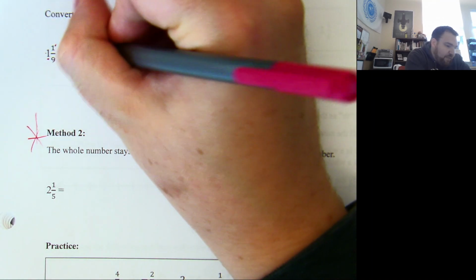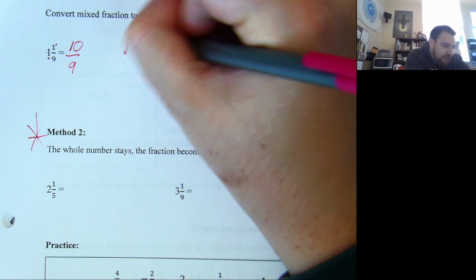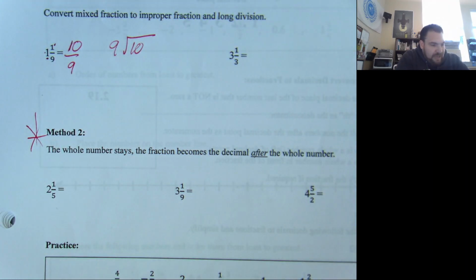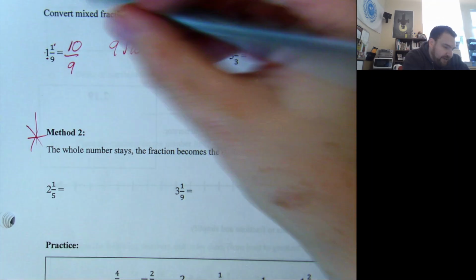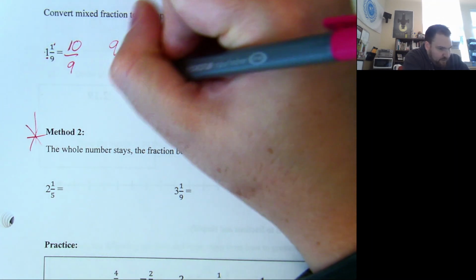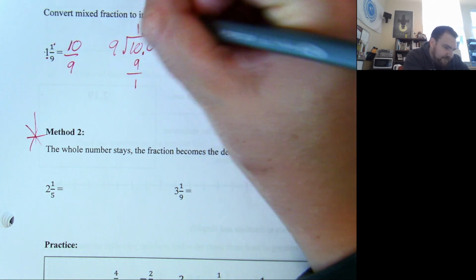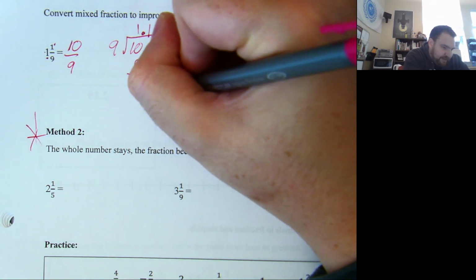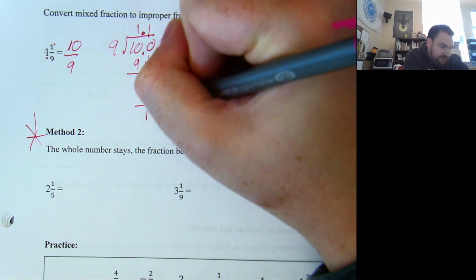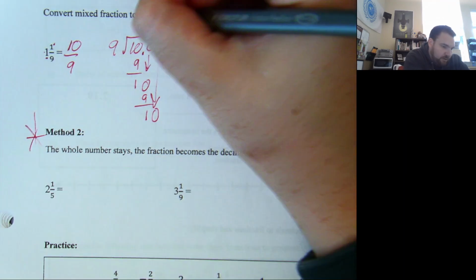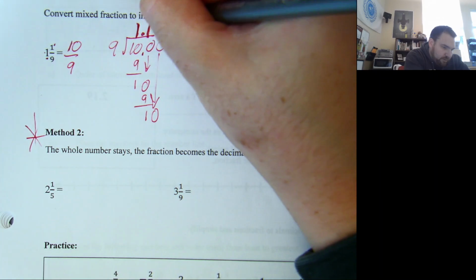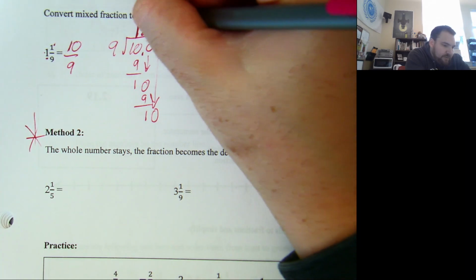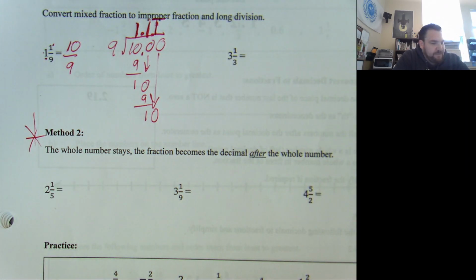So this would give you 10 over 9, and then you'd actually go ahead and long divide this thing. 9 goes into 10 once, and there's a 9, and then a 1, then a point, 0, add a decimal, bring down the 0, and it's going to be a 1 again. And you can long divide your way through a problem like this.